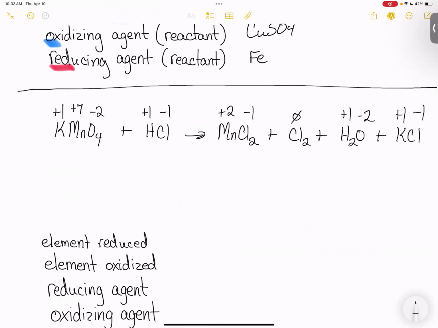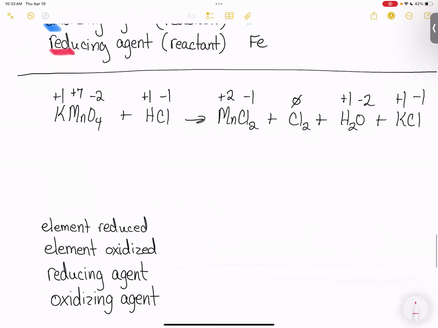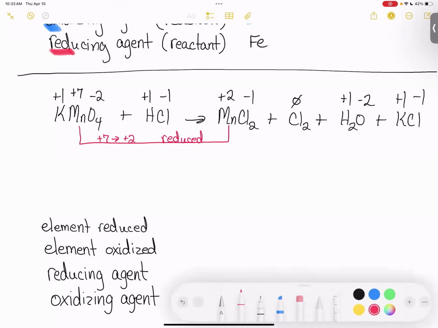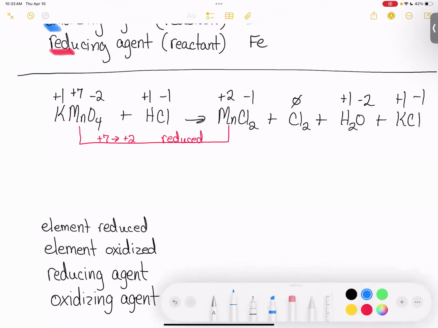Now we can answer questions by connecting things that undergo a change. Our manganese underwent a change. It went from a +7 to a +2, excuse me. So it was reduced. If something is reduced, then something else got oxidized.